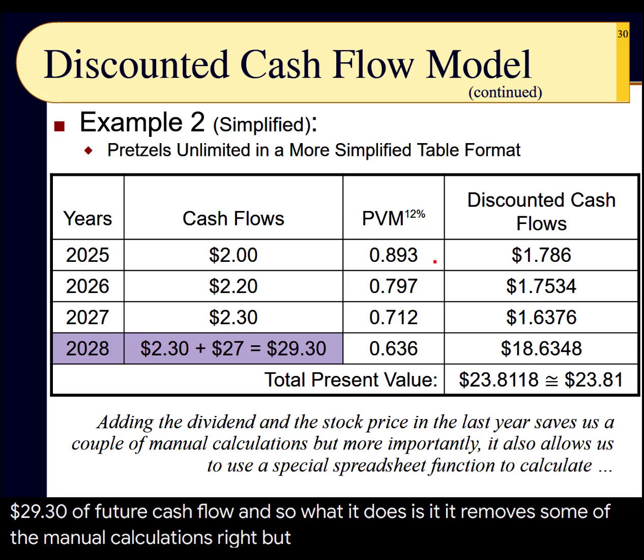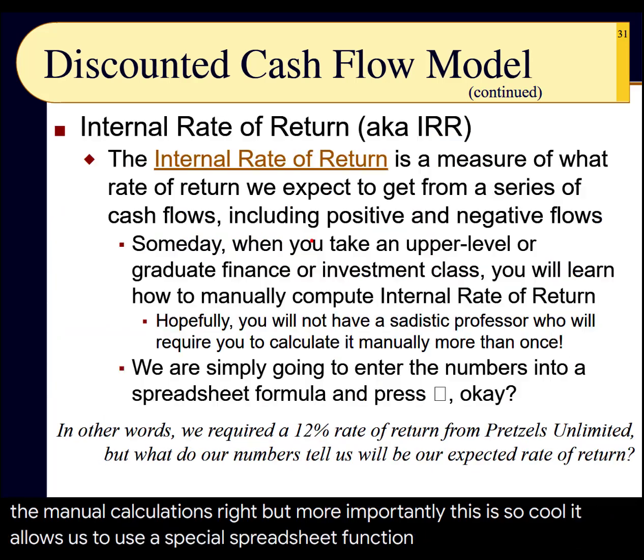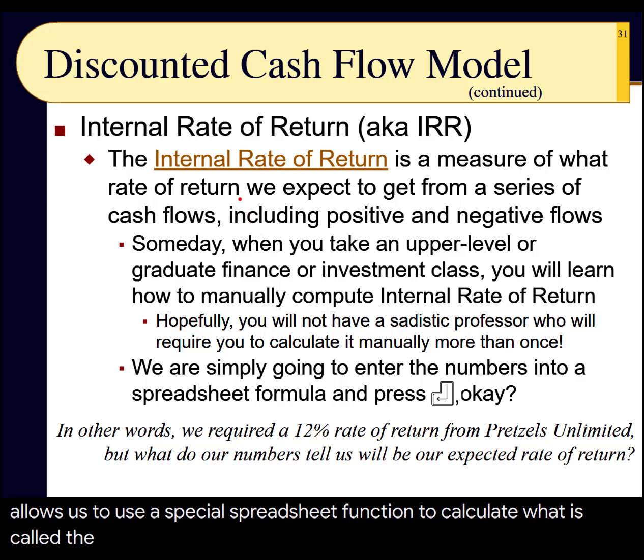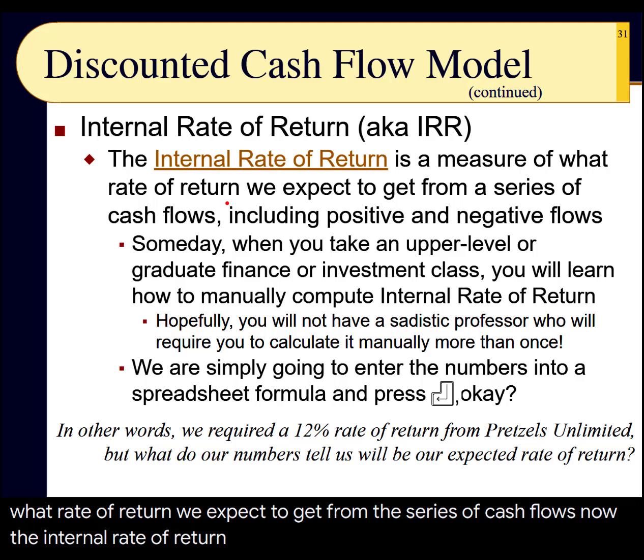But more importantly, this is so cool, it allows us to use a special spreadsheet function to calculate what is called the internal rate of return, IRR. Okay, what is it? Well, it's a measure of what rate of return we expect to get from this series of cash flows. Now, the internal rate of return includes both positive and negative cash flows.